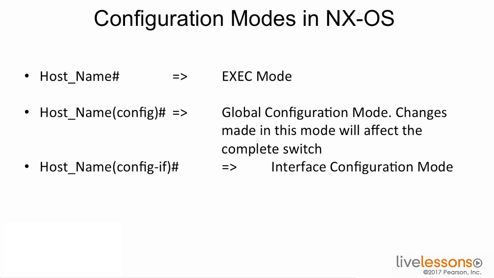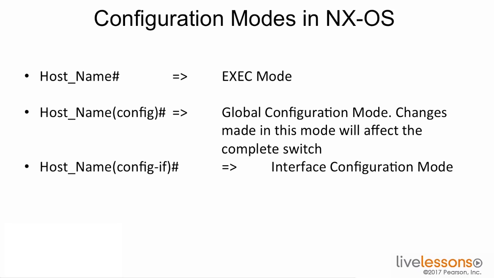Finally, when we want to go in and modify individual interfaces, we will do that through the interface configuration mode, where that mode is signified by the host name of the switch, a config-if, and a pound sign.